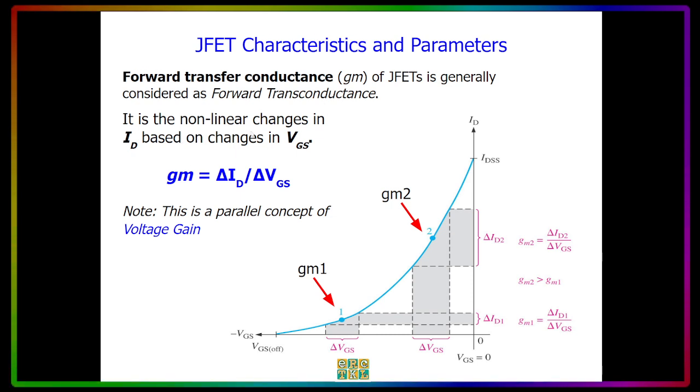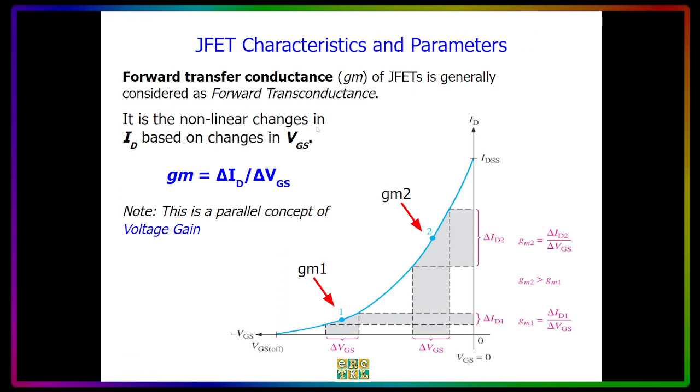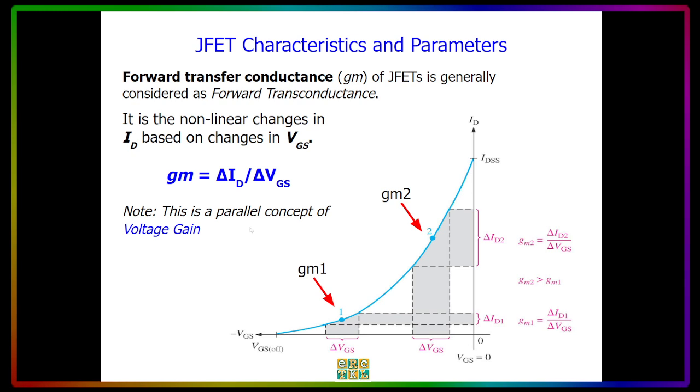It is the nonlinear changes in ID based on the changes in VGS. So the formula for this forward transfer conductance is delta ID over delta VGS. And this is a parallel concept of voltage gain. So this is our curve. You just put a point here on the curve and another point.